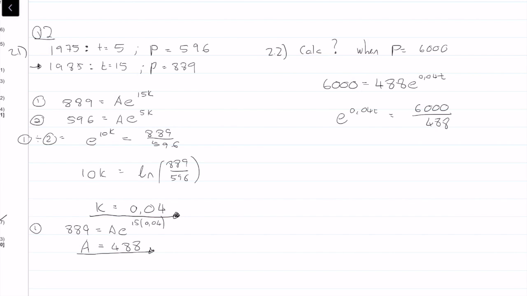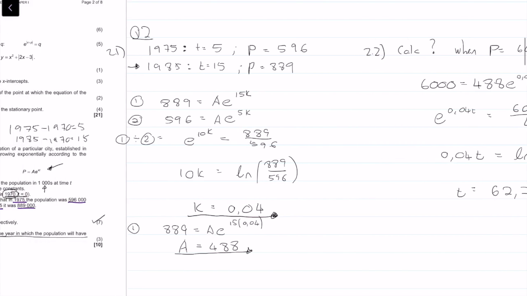Taking ln of both sides again, I get 0.04t is equal to ln of 6,000 divided by 488. So t is equal to ln of 6,000 divided by 488, divided by 0.04, and t is equal to 62.72, so roughly equal to 63 years.